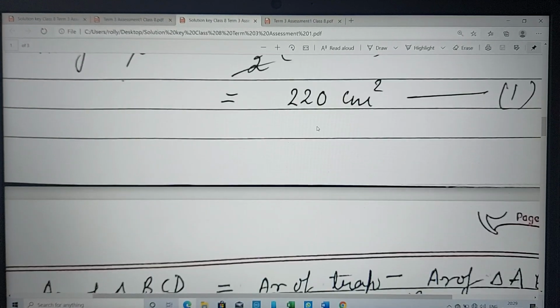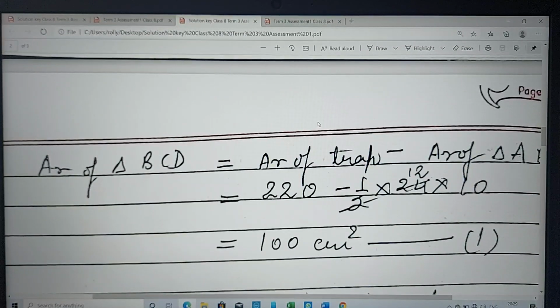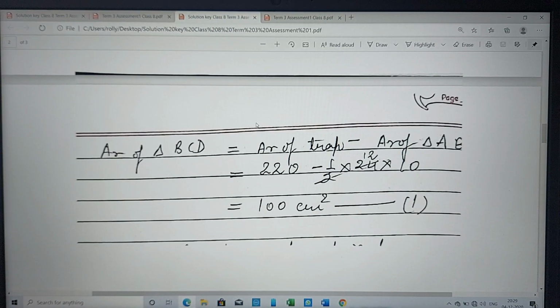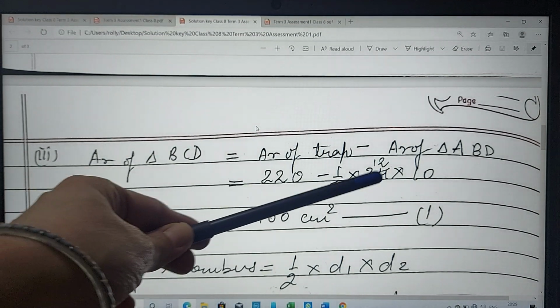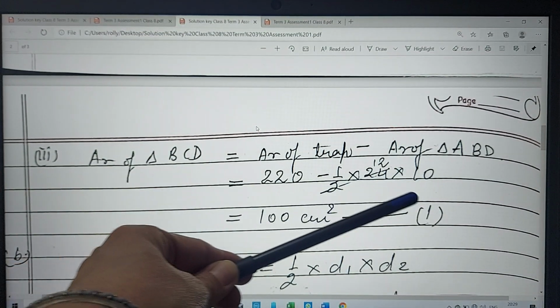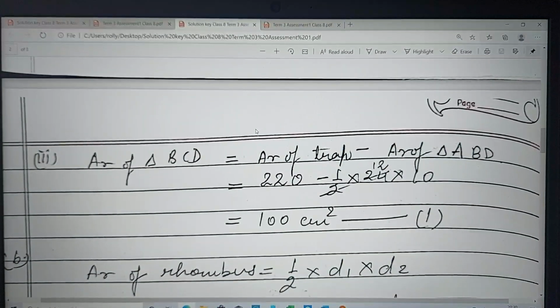And then area of triangle ABD: 220 minus 1 upon 2 into base into height. Base is 24, height is 10. So it will become 120. 220 minus 120 is 100 centimeter square. Clear?